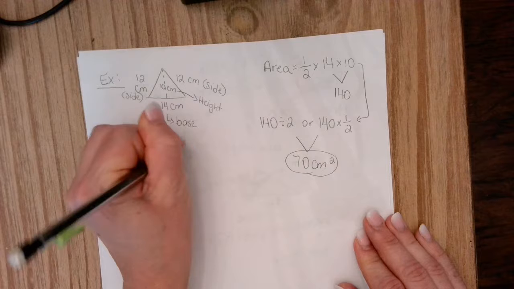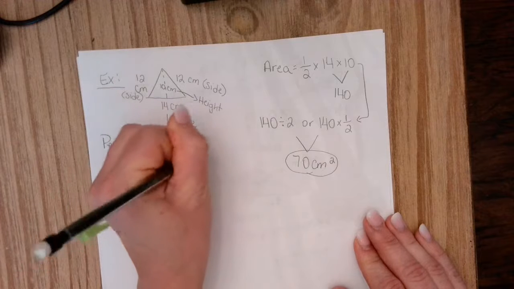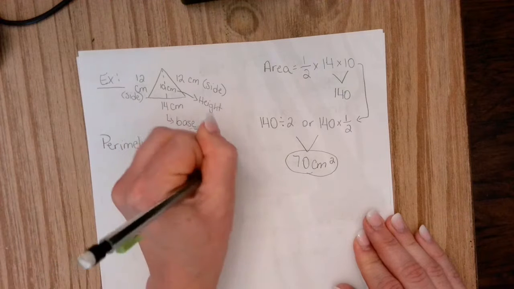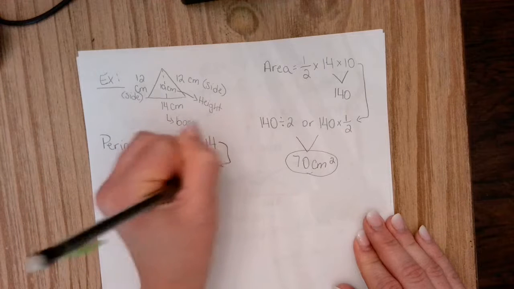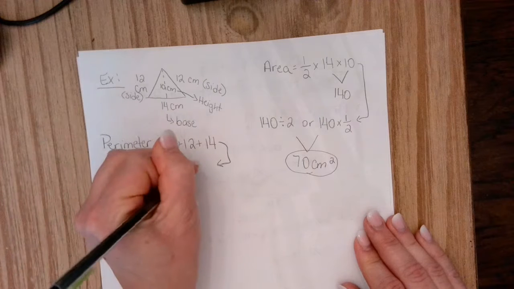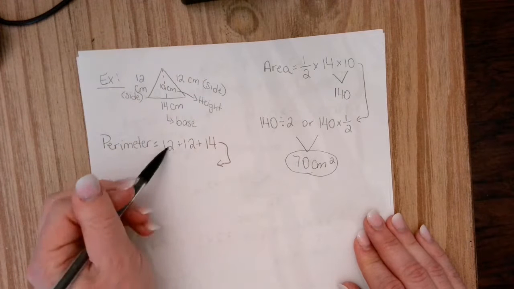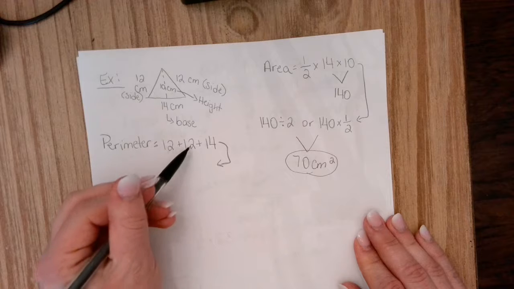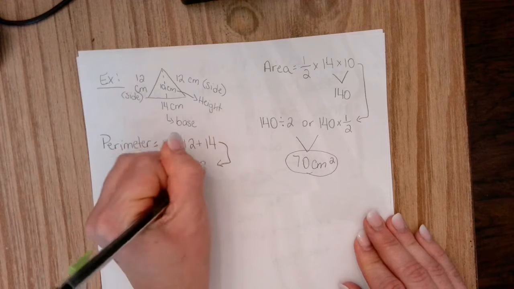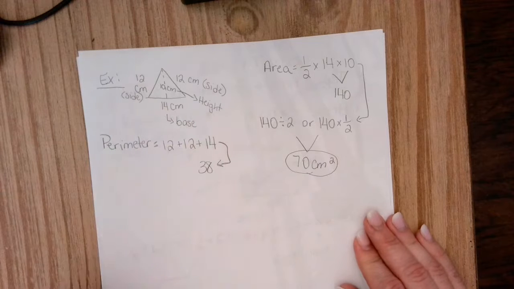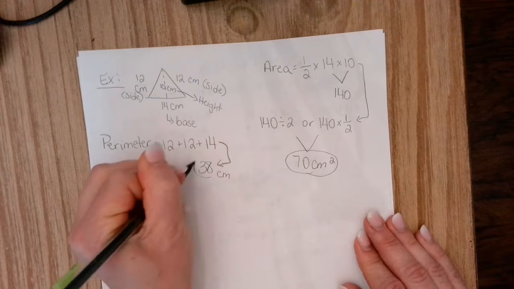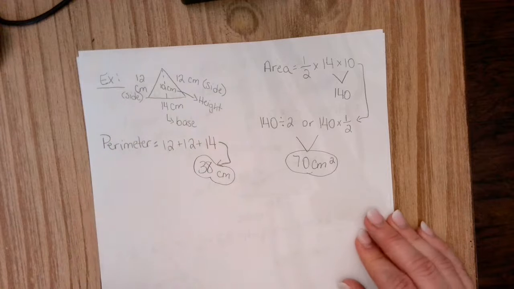So I'm going to add 12 plus 12 plus 14. So 12 plus 12 is 24, and then 24 plus 14 would be 38. And my label for that, because it's asking me for perimeter, is just centimeters. And those are my answers.